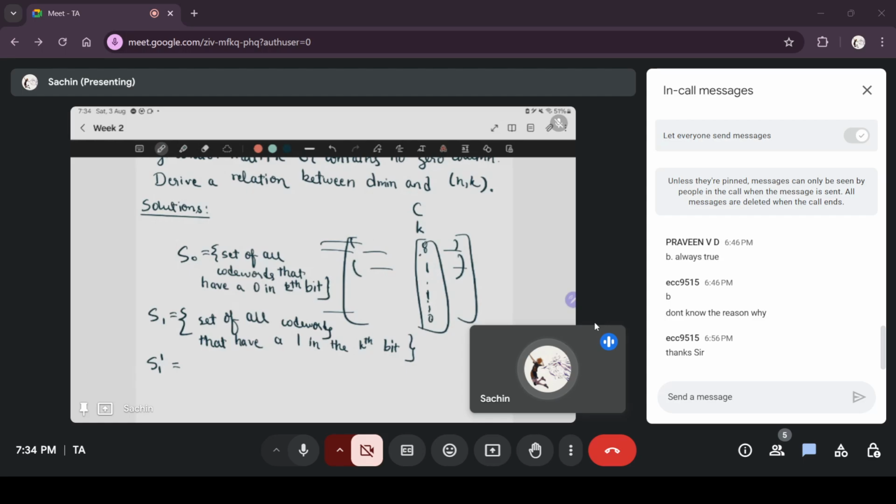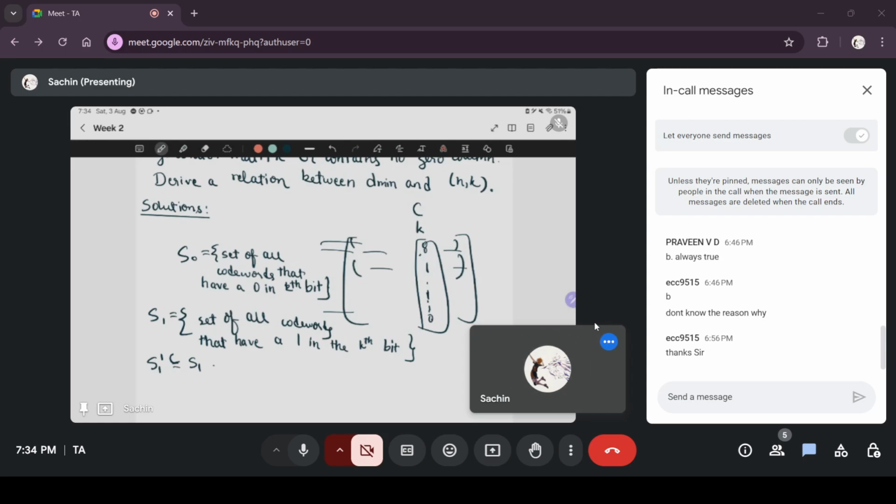When you add it to a code word in S0, which has a 0 in its kth position, you will get a code word which has a 1 in its kth position. So all the code words in this set S1 prime are actually code words in S1 because they have 1 in their kth position. So S1 prime is a subset of S1.